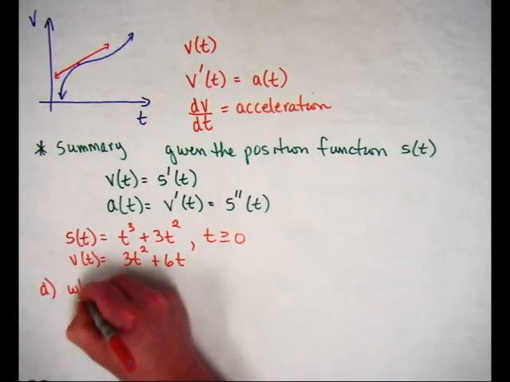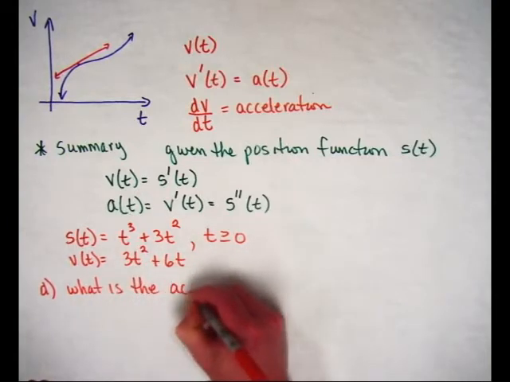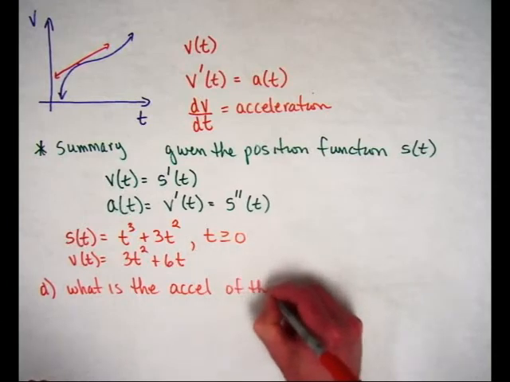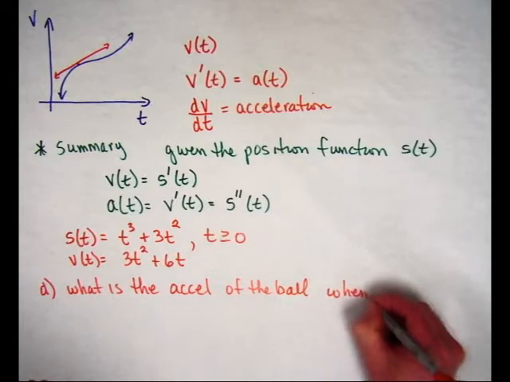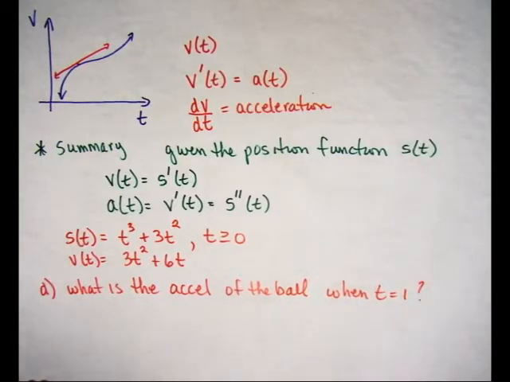We could say, what is the acceleration of the ball when t is 1? So what if you want to know what was the acceleration of the ball at time equals 1?